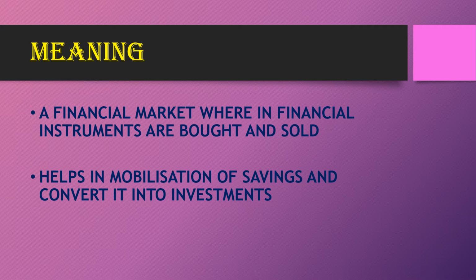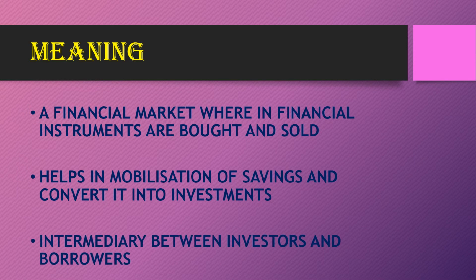People who have savings and wish to see them grow have them converted into investments in the financial market. So the financial market is an intermediary between investors and borrowers.